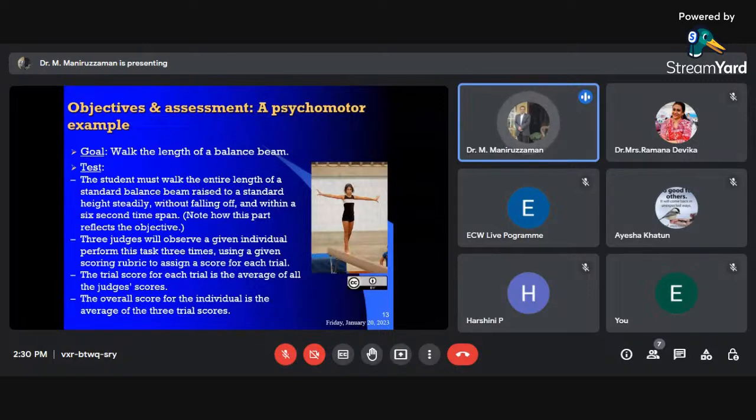And now here I have shown the rubric I have used for measuring the goal.